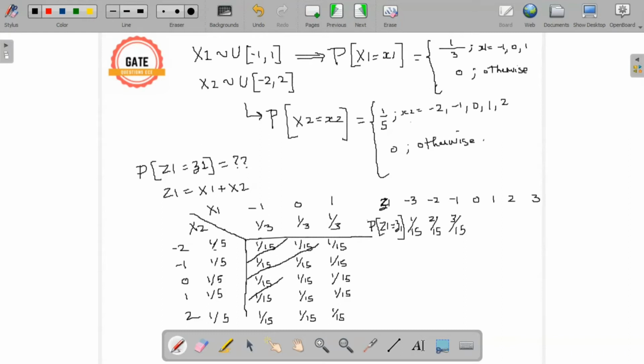For 0, again 1 by 15, 1 by 15, 1 by 15, so 3 by 15. Then for 1 it is 3 by 15, then 2 by 15 and 1 by 15. So this is the PMF of x1 plus x2.